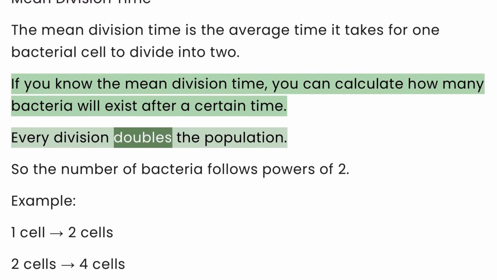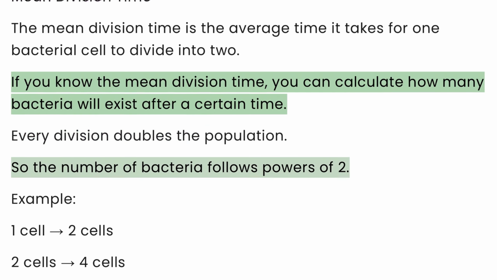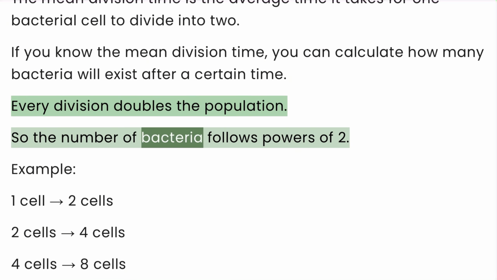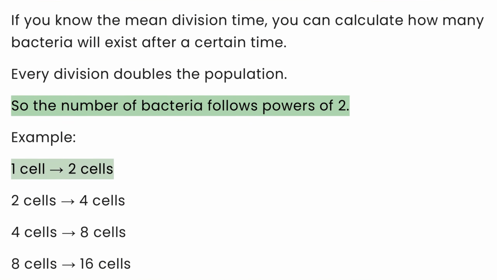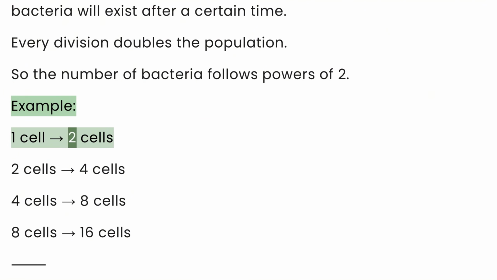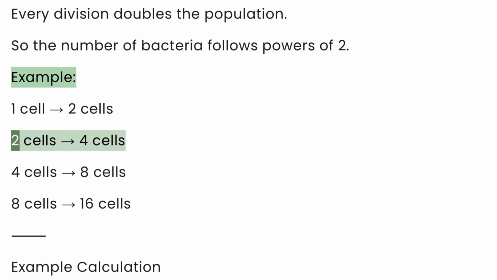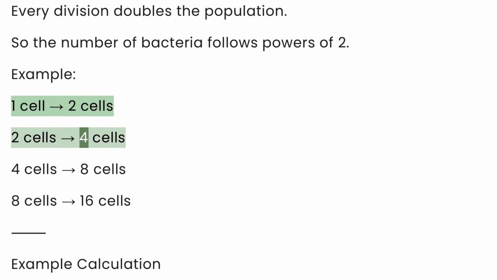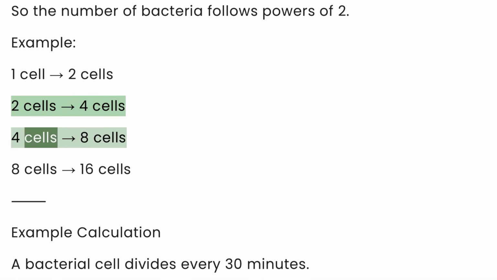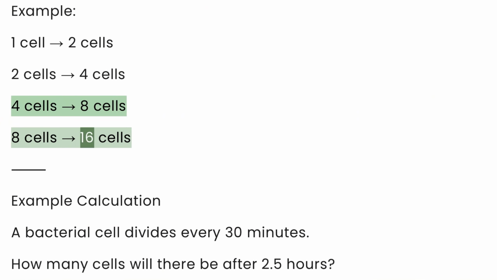Every division doubles the population, so the number of bacteria follows powers of 2. Example: 1 cell, 2 cells, 4 cells, 8 cells, 16 cells.